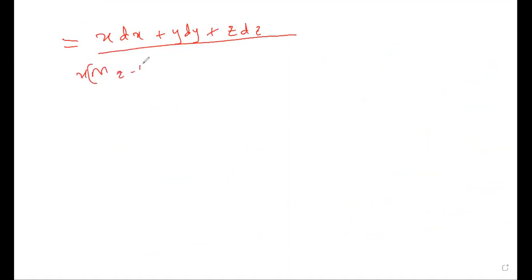If I multiply, I will have x dx and y dy plus z dz in the numerator. Similarly, the denominator is x times (mz minus ny) plus y times (nx minus lz) plus z times (ly minus mx).